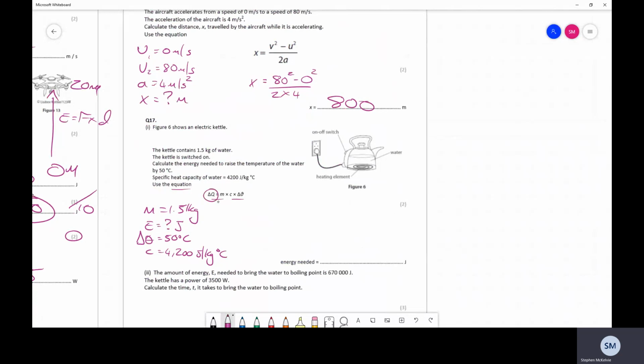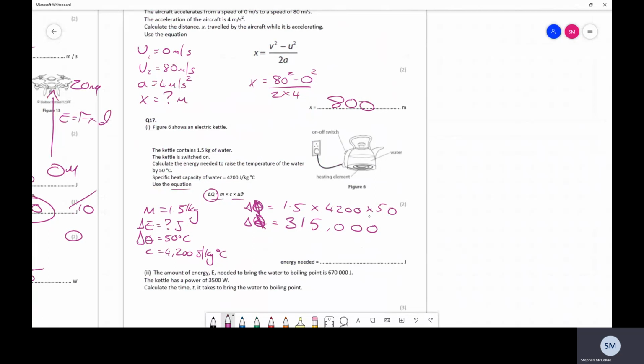Now, in this equation, delta Q is the same as delta E, change in energy. So I'm going to write down that delta Q is equal to my mass, 1.5, times C, 4,200, times delta theta, which is 50. That gives 315,000.